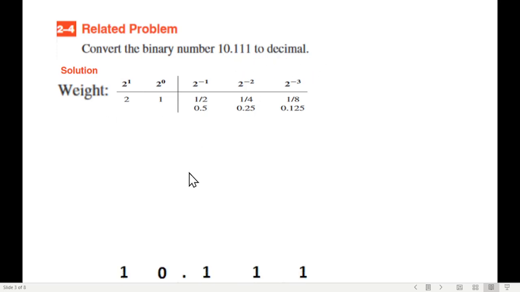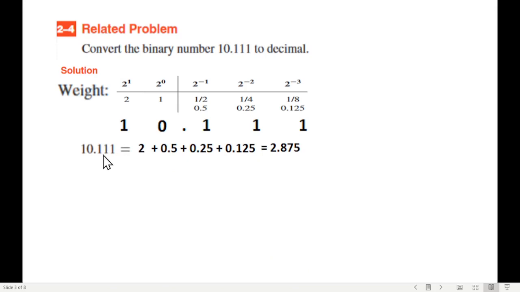Align it, same technique. We'll just write that 1 is at 2, so 2, then 0, 0, 1 is at 0.5, 1 is at 0.25, and 1 is at 0.125. So the answer is 2.875.